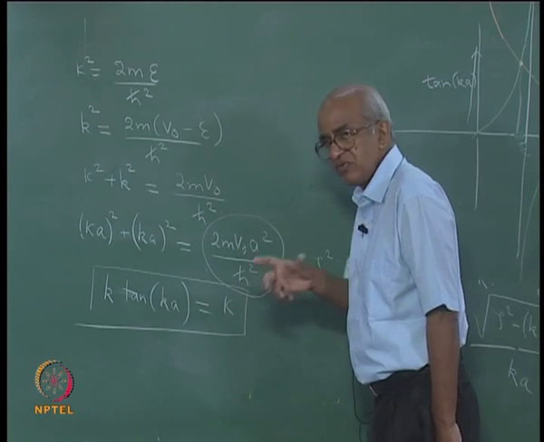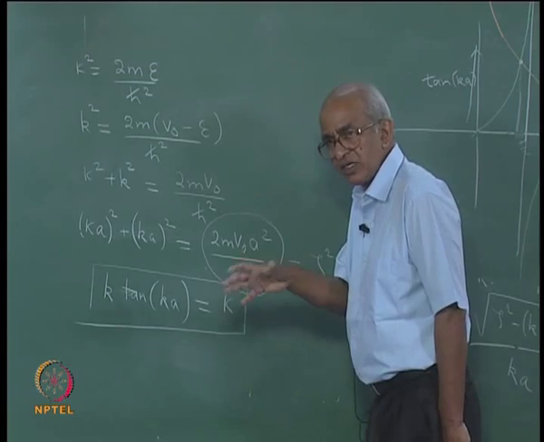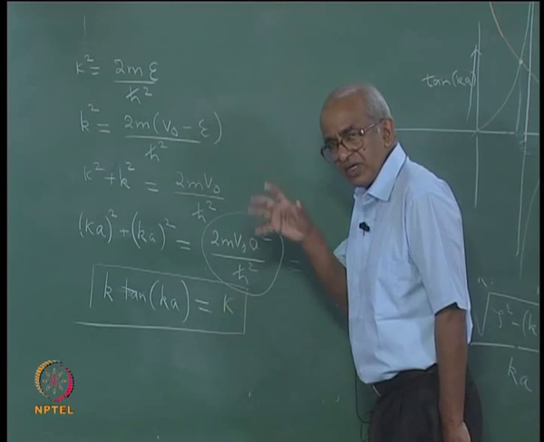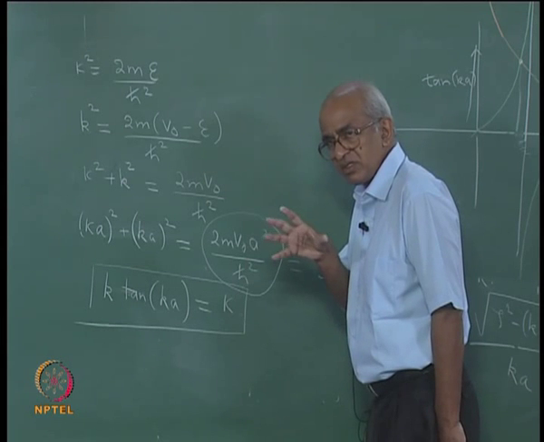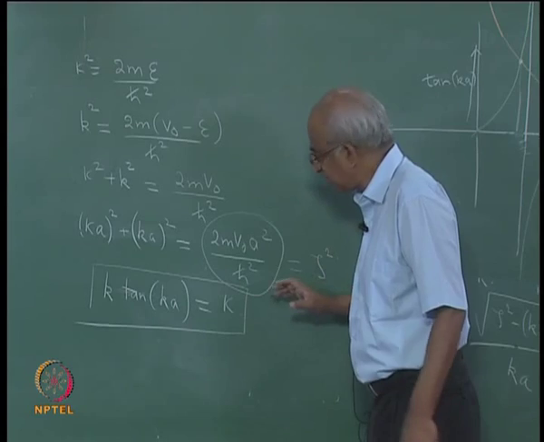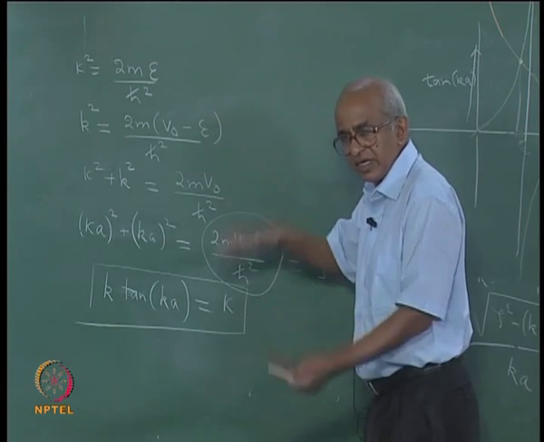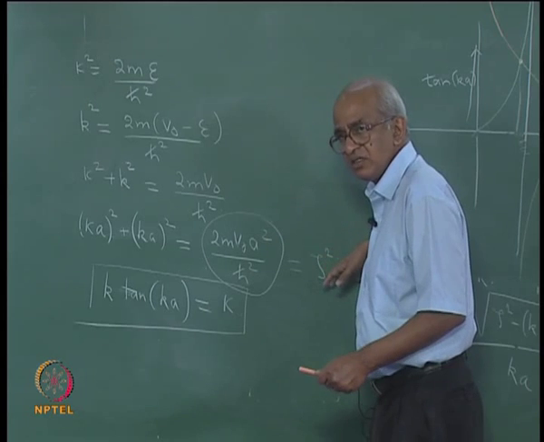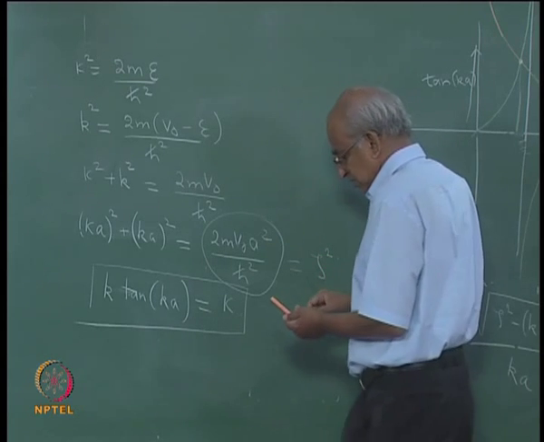By varying either the depth or the width, you can vary the value of zeta. If you increase the depth, zeta will increase. If you increase the width, again zeta will increase.